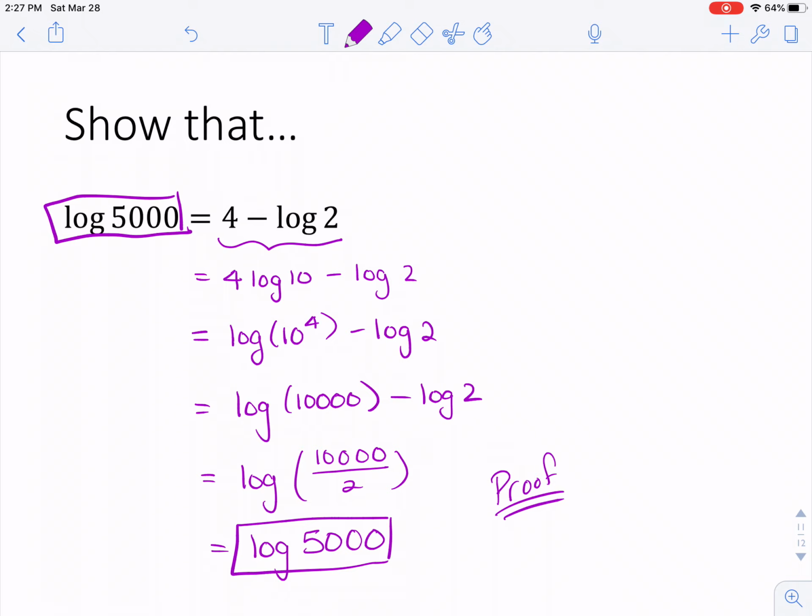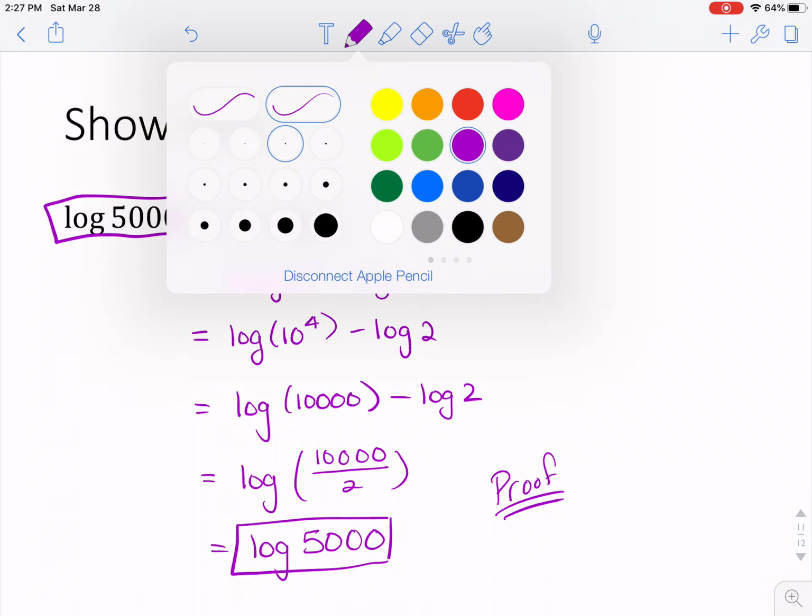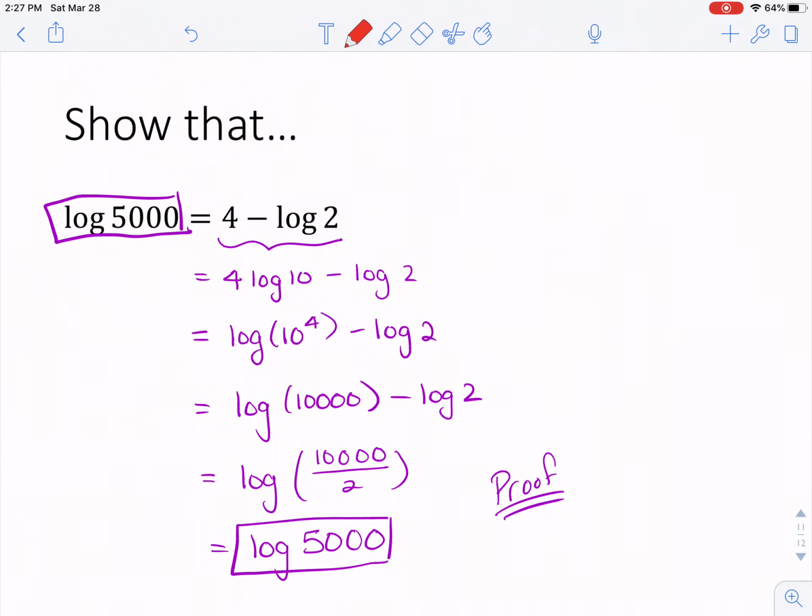So again, we use these laws. This first one, by introducing this log of 10, that was basically what I said was law 4. And then, in order to get this piece, that was basically rule 3. Then, to get this piece, that was basically law 2.